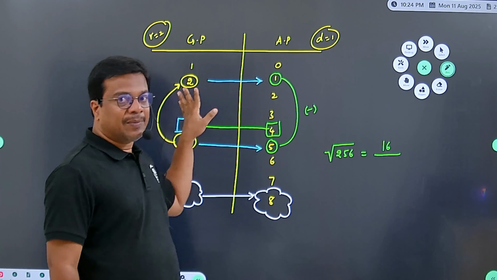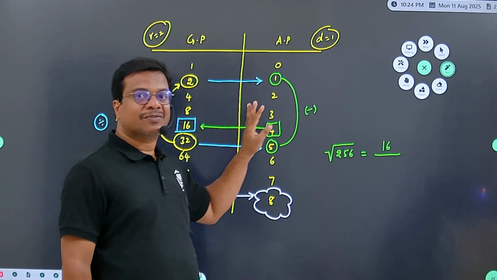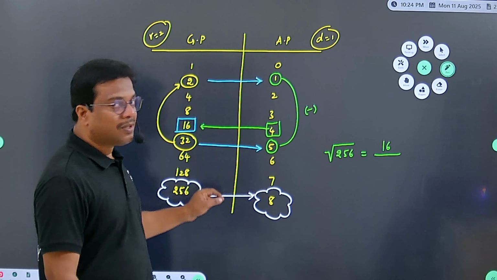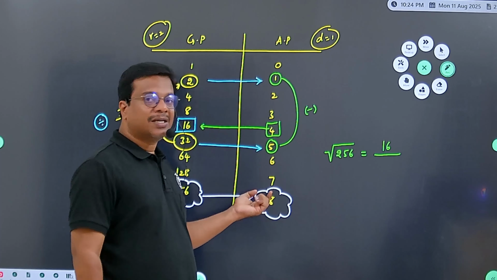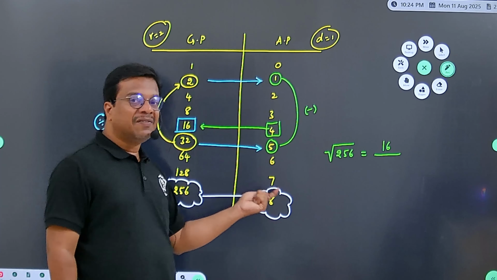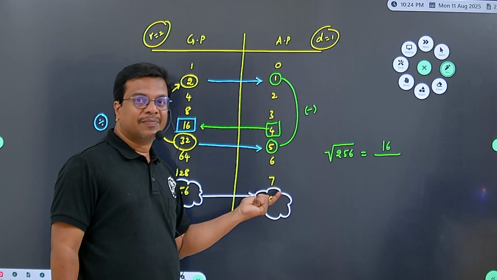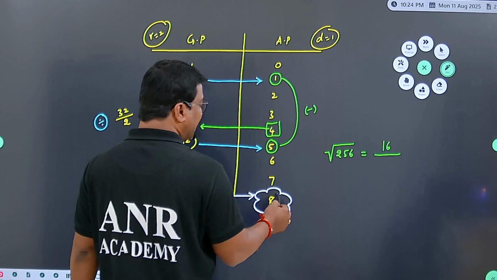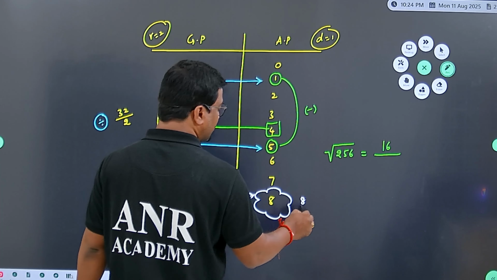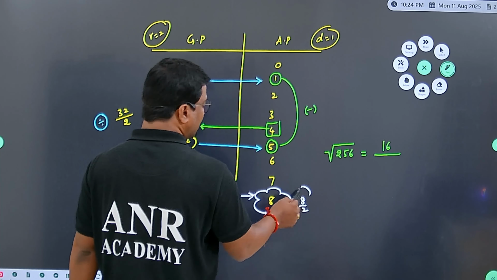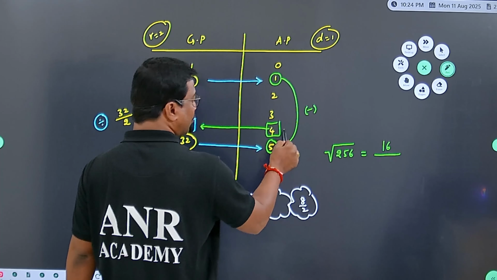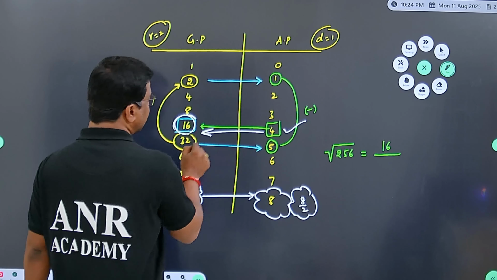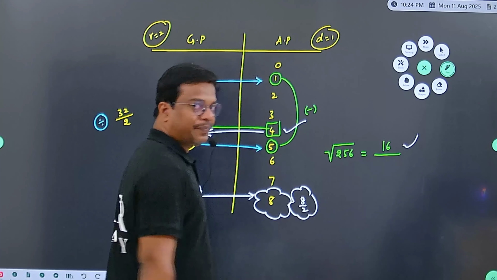Whenever in geometric progression we need the square root of a number, in arithmetic progression you have to select the division of the corresponding number by 2. Remember, if I divide this by 2, 8 by 2 gives the result 4 here, and the corresponding entry, that is 16, is your answer.